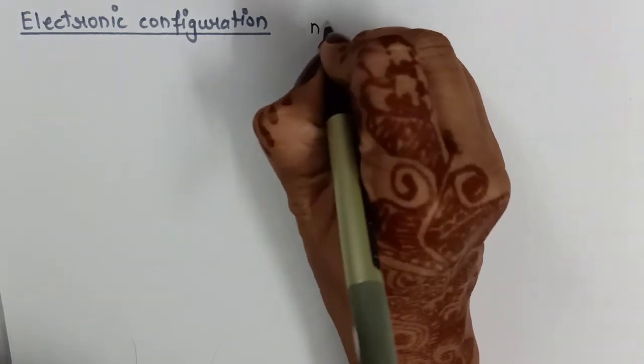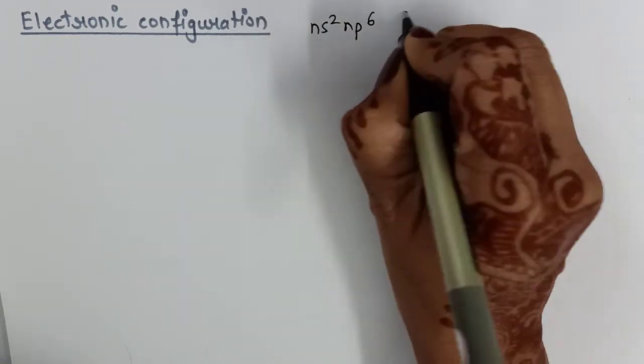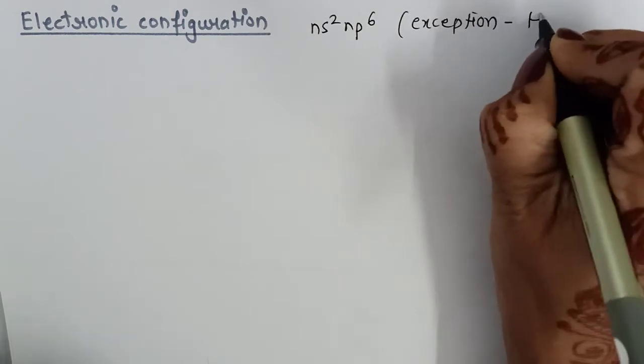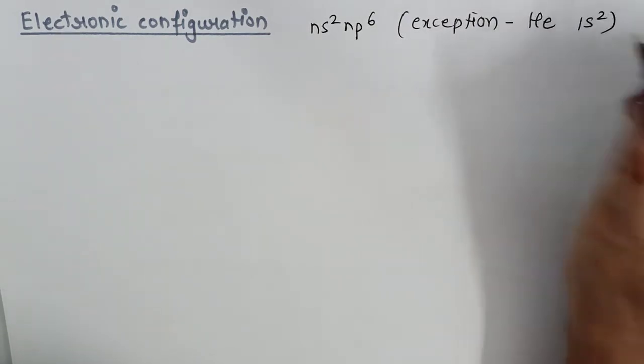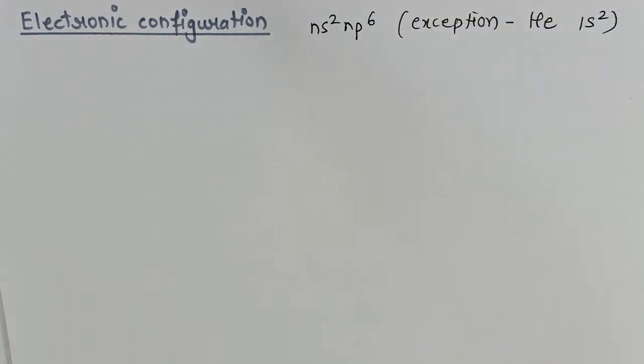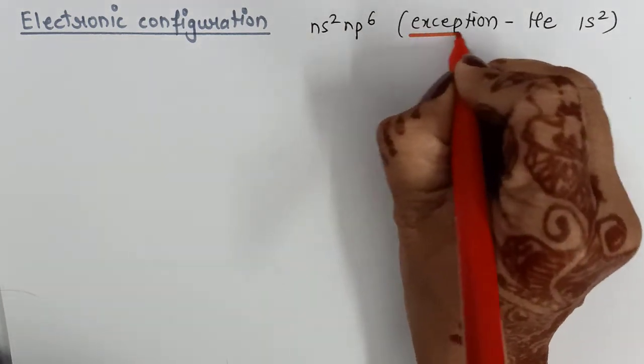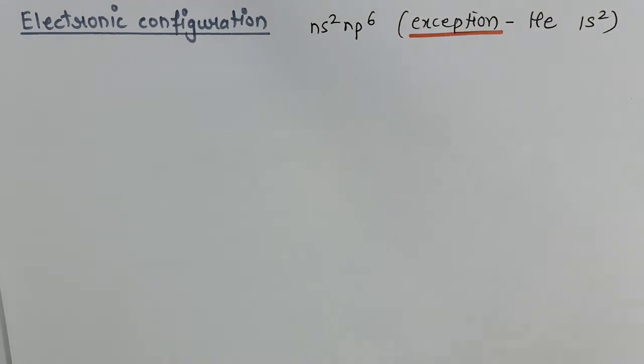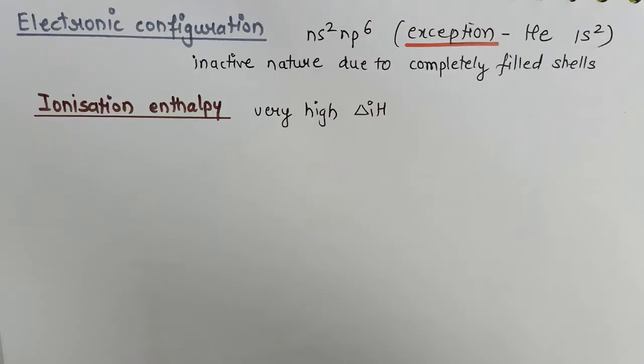As we have just seen, the general electronic configuration of noble gas elements is ns2np6. But remember, there is an exception of helium, which has 1s2 configuration. So remember this exception. Now since the outermost orbital is completed, we can say these gases are unreactive and we can attribute the noble nature to these completely filled shells.